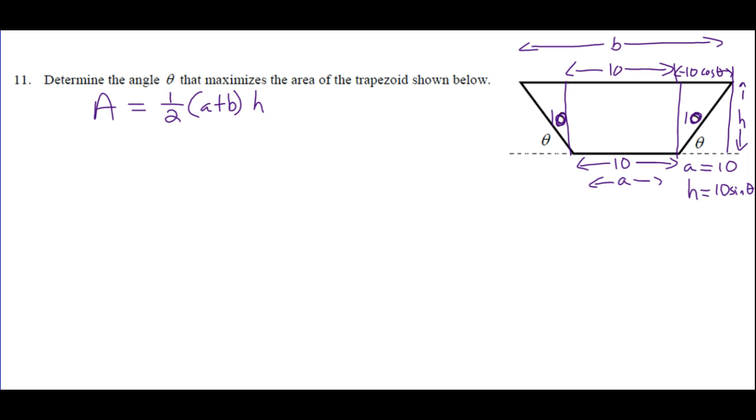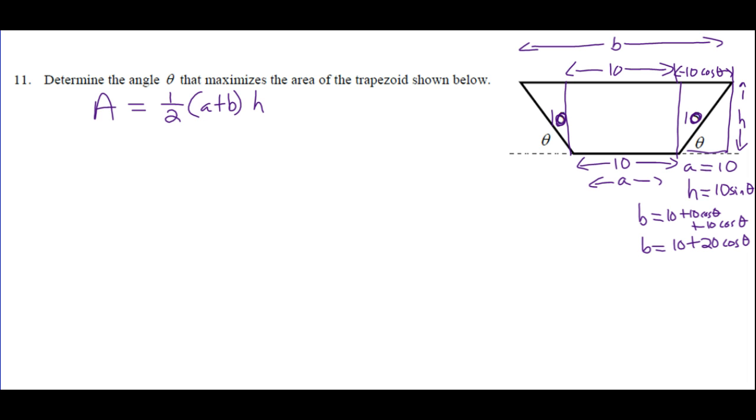So there's theta, this is adjacent, that's hypotenuse. Cos theta is this distance over 10, so this distance is 10 cos theta. And then so is this. So B is equal to 10 plus 10 cos theta plus another 10 cos theta. So B is 10 plus 20 cos theta.